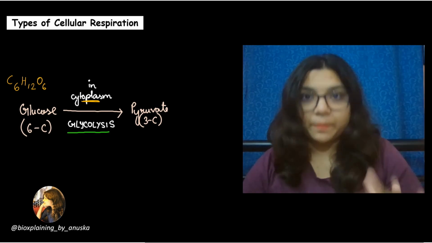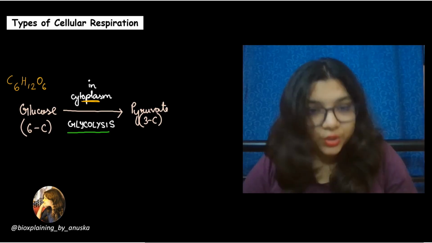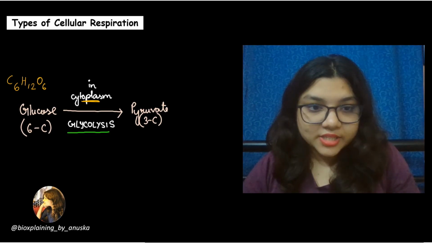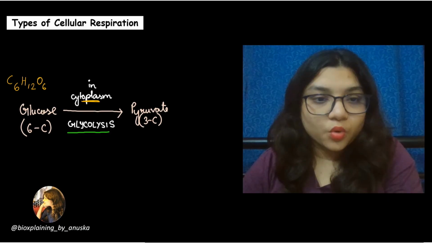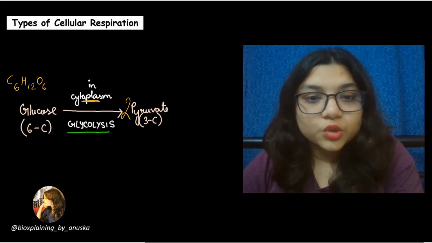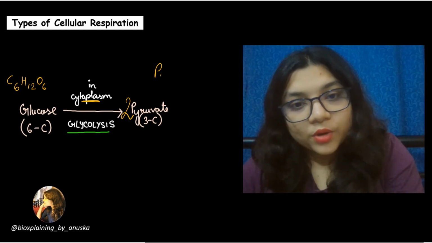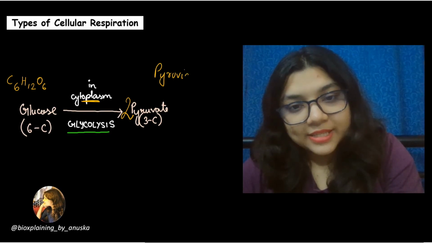This is a 10-step process. In detail we are not doing it here. We just need to know that by this process called glycolysis, this 6-carbon glucose breaks down into 2 molecules of pyruvate, which is also known as pyruvic acid.